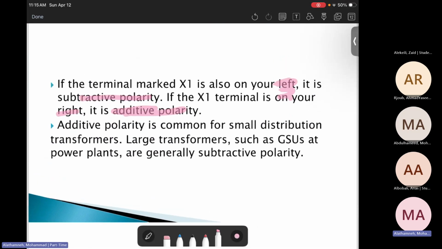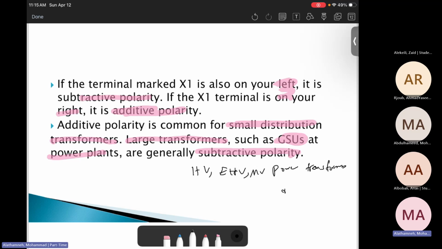Additive polarity is common in small distribution transformers, while large transformers, such as the generator step-up unit (GSU) transformers in power plants, are usually subtractive polarity. So in high voltage, extra high voltage power transformers, or even low and medium voltage power transformers, we are using subtractive, I'm sorry.